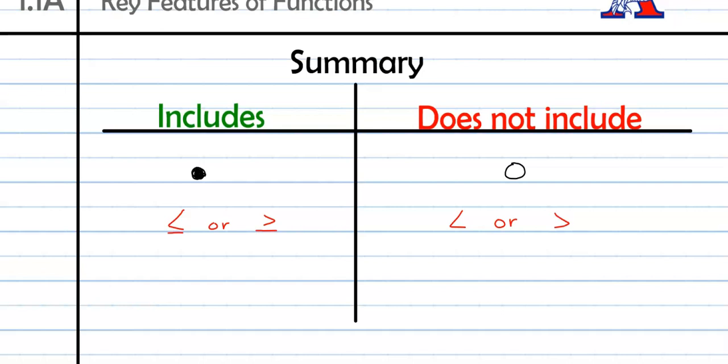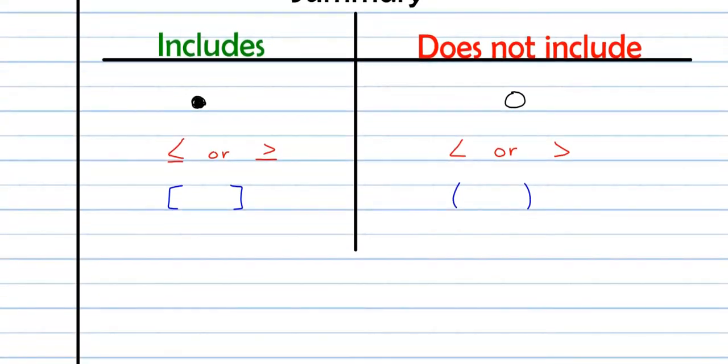In interval notation, we'll go that way next. If we're including, brackets, not including, regular parentheses. Anytime you have infinity or negative infinity, you are not going to include. So I'm just going to add that to the list.